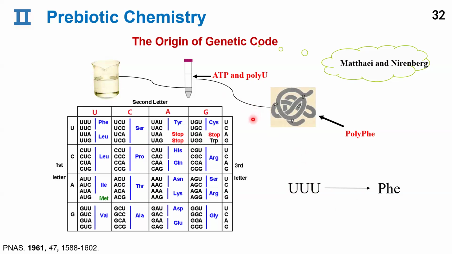To their surprise, the system produced a long chain made entirely of the amino acid Phe.